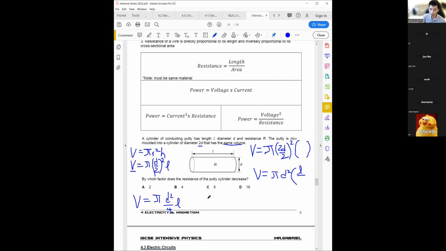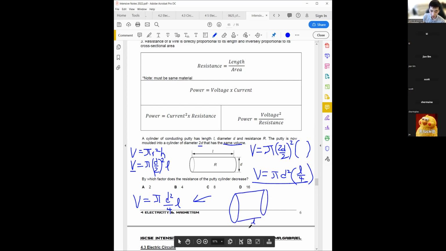Then logically speaking, the only way for this thing to become this thing here is to have a factor of 4 division, right? The length. Meaning to say the new putty with double the diameter will only be a quarter of the length. It will only be a quarter of the length because all the volume is used to increase the diameter. You understand what I'm talking about?